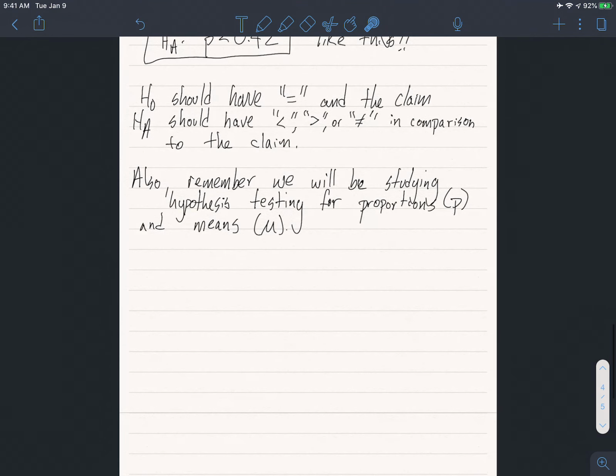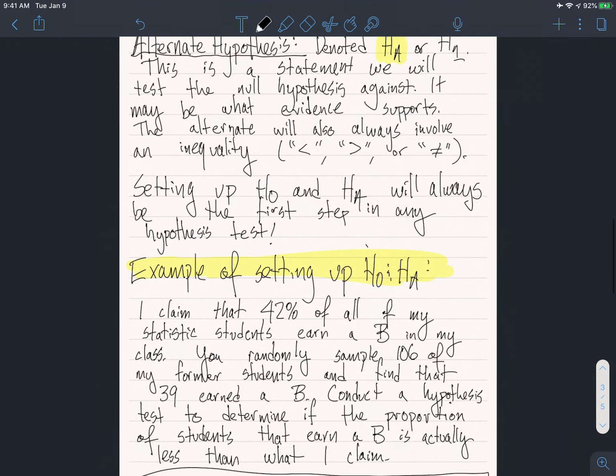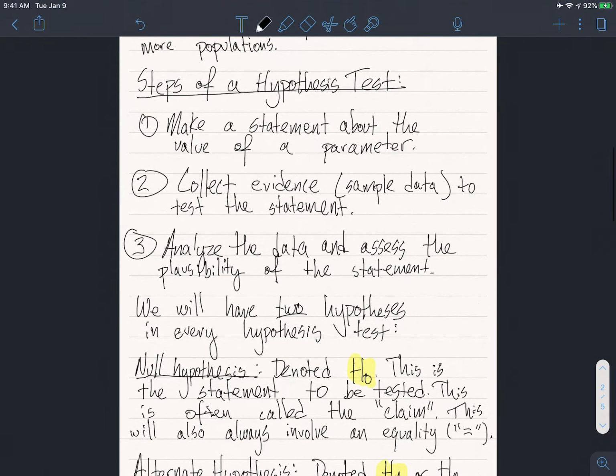All right, so that's setting up the beginning, setting up the two hypotheses, a claim and an alternate. And then after you do that, let's scroll back up. So there was a statement made about the value of a parameter. Like in my example, I just claimed that 42% of people in my class get a B. Then we collect evidence to test the statement.